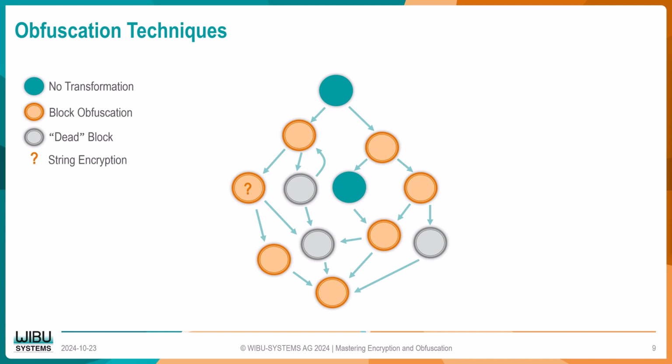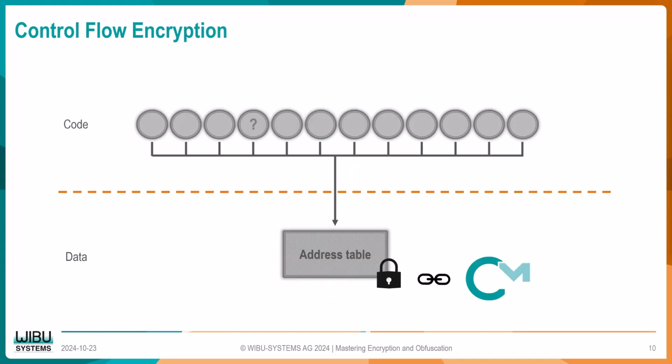But how can we even increase the security of this control flow graph? And this is by control flow encryption. This is a technique where we use control flow flattening and introduce an indirection of each link, and this indirection is then stored in an address table. And here you see code is obfuscated and data is encrypted. So we don't alter any code during runtime.